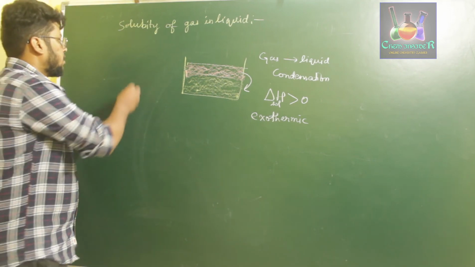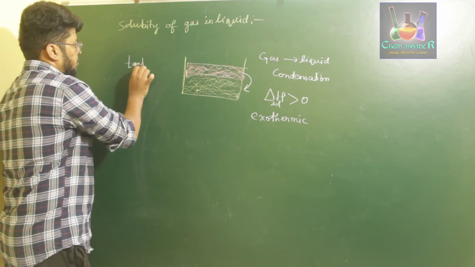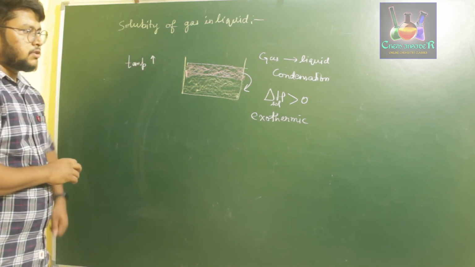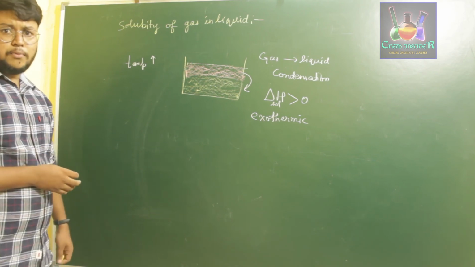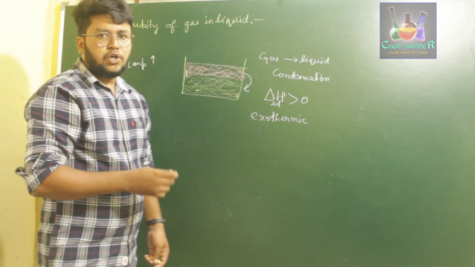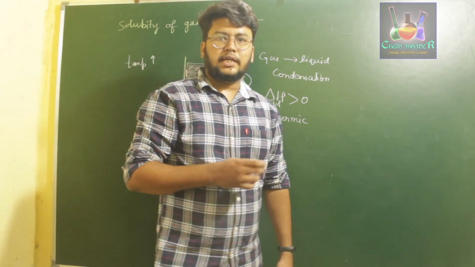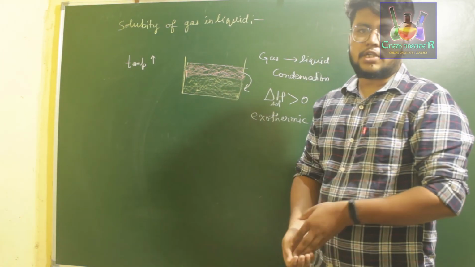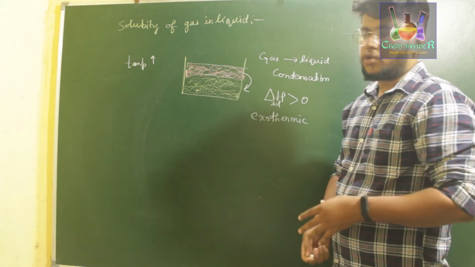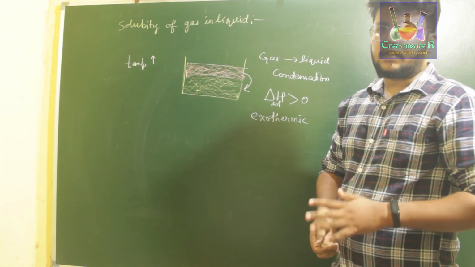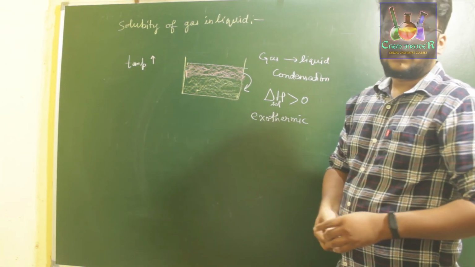Therefore, with an increase in temperature, dissolution of the compound decreases, and the amount of solubility will also decrease. With an increase in temperature, the solubility of a gas in a liquid decreases. With respect to pressure, we have discussed Henry's law, and with respect to temperature, with an increase in temperature we observe a decrease in solubility of the given gas in a liquid.